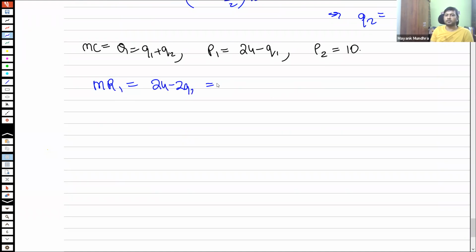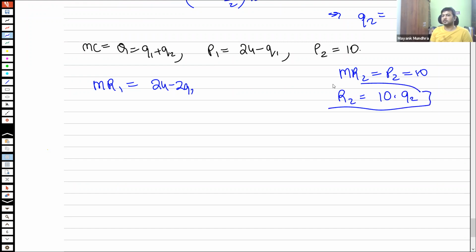If I equate it to MR2, now MR2 is just P2, which is 10, right? Because revenue in market 2 is equal to 10 times Q2. So if I differentiate, I get MR2 equals 10. So I equate it to 10. This gives me Q1 must be equal to 14 by 2, which is 7.